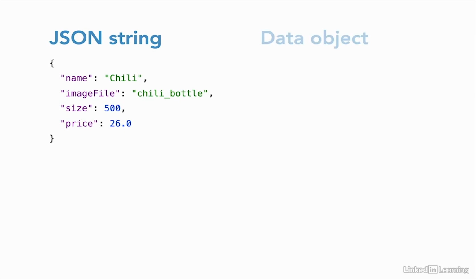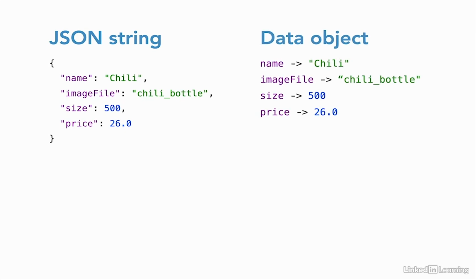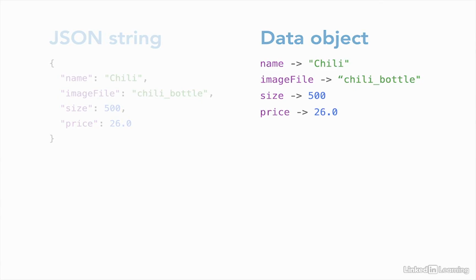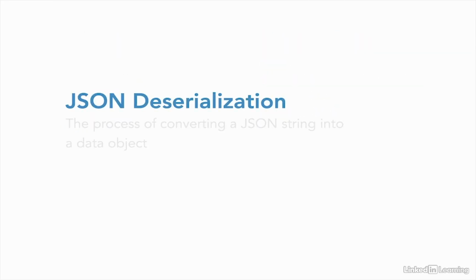When you're working with JSON data in your application, you initially load it into memory as a string. However, once you need to use that data throughout the rest of your app, you'll need to convert the string to an actual data object. The process of converting a JSON string into a data object is known as deserialization. Its inverse, serialization, is how you would convert a data object into its JSON representation as a string.